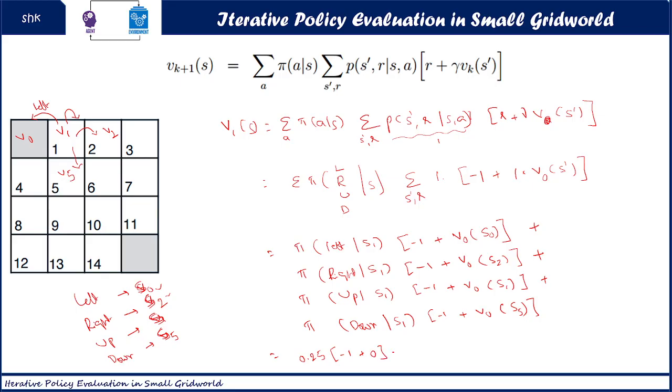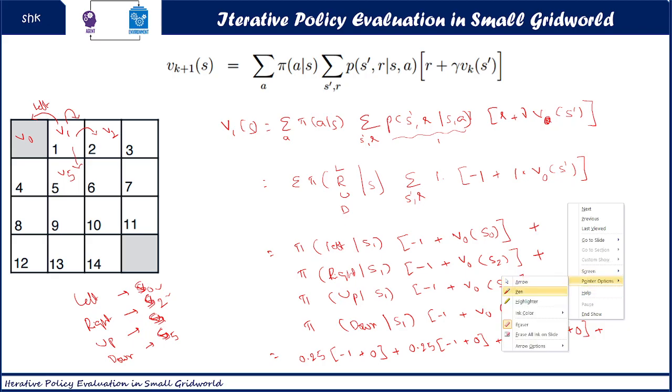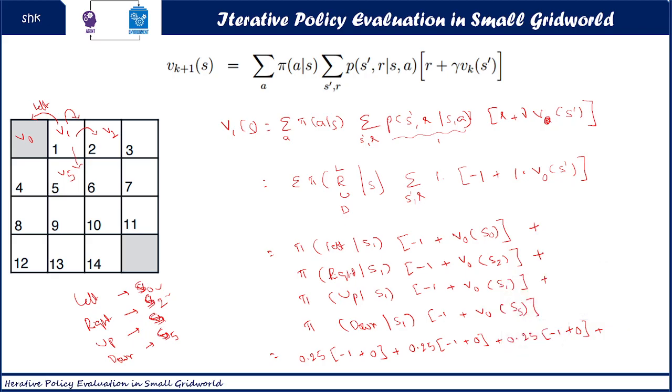So we take it as 0, plus the probability towards the right side is 0.25 times minus 1 plus 0, plus 0.25 times minus 1 plus 0, plus 0.25 for the downside, minus 1 plus 0.